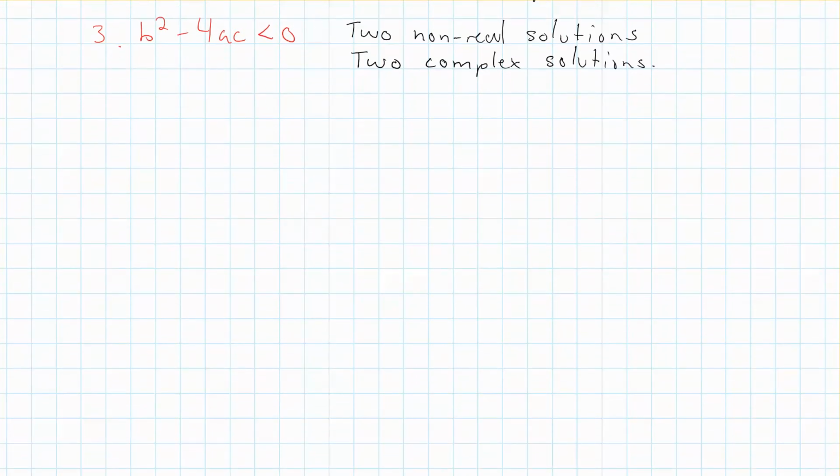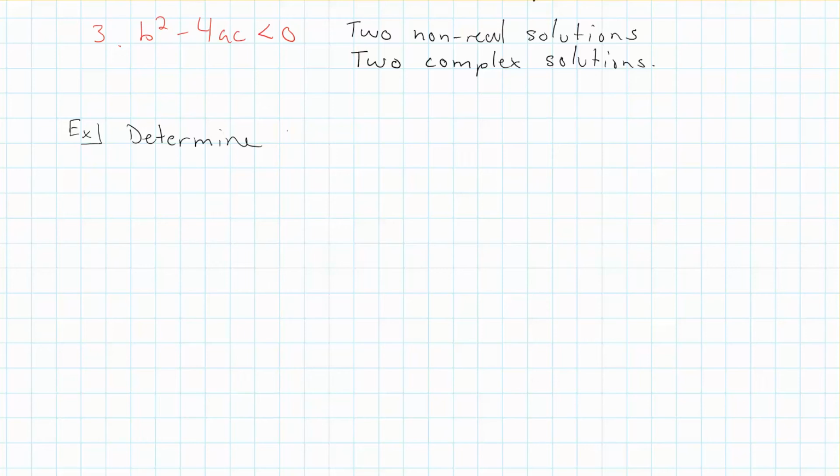Okay, so then let's talk about an example here, and this will be the last example. So this is just going to be: determine the nature of the solutions for 2x squared minus x minus 1 equals 0.